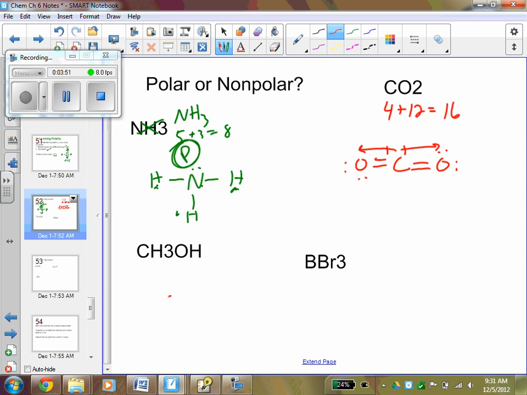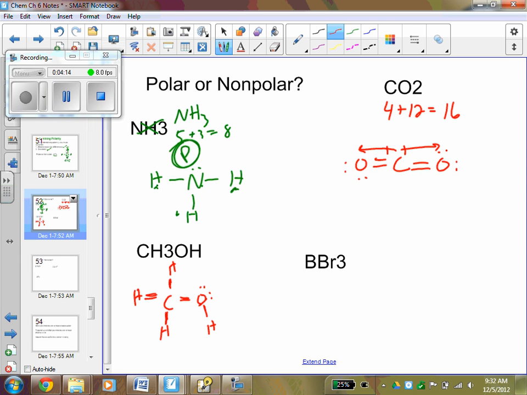Okay, now, very quickly drawing this one, when you draw the Lewis structure for methanol, you end up with this. Actually, correctly drawn, you end up with that. Okay? Now notice this thing isn't balanced. We have nonpolar bonds here.